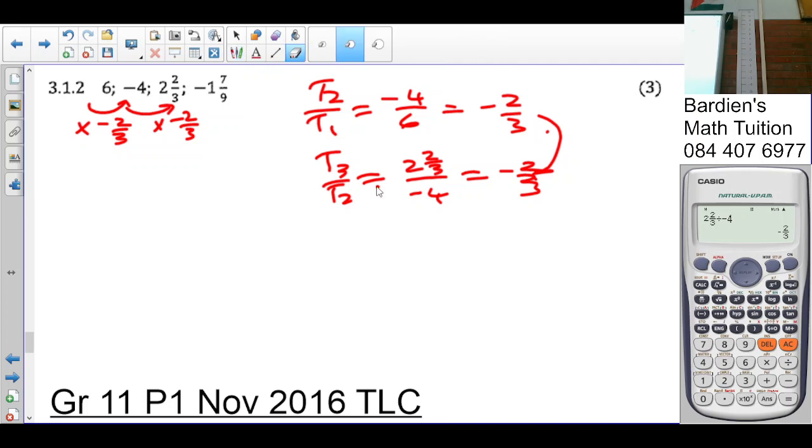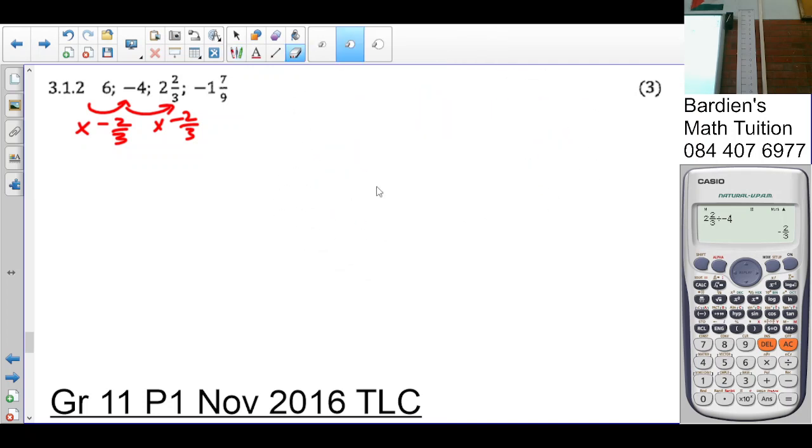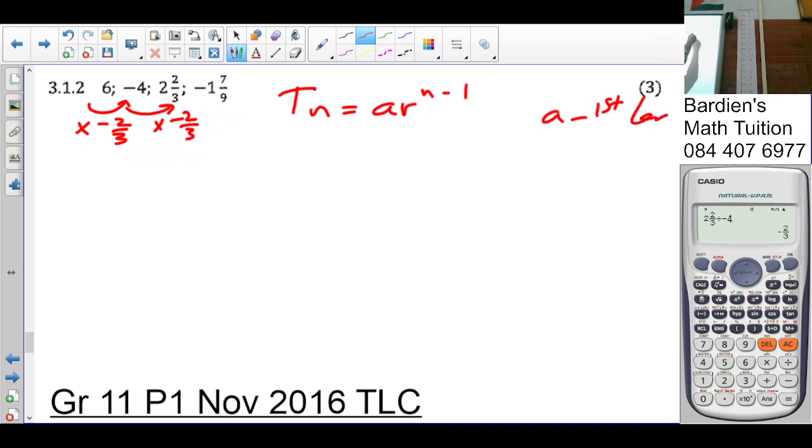So that said, the general form of a geometric pattern is Tn is equal to A R to the n minus 1, where A is your first term and R is your common ratio, your constant ratio, which is T3 over T2, equal to T2 over T1.